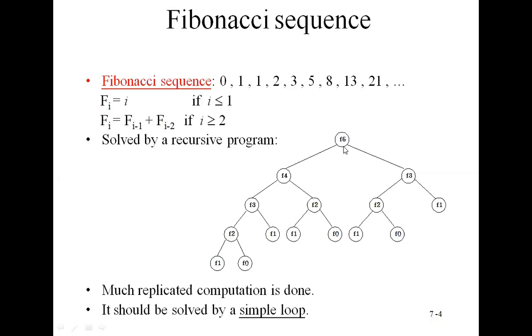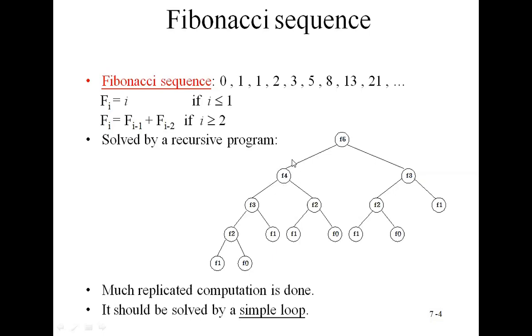See here we have f5. Now we want to calculate the Fibonacci f5, that is, for number 5 we want to calculate the Fibonacci series. Suppose f of 5 you want to calculate, then you need to calculate f of 4 and f of 3, since f of 3 plus f of 4 is f of 5.